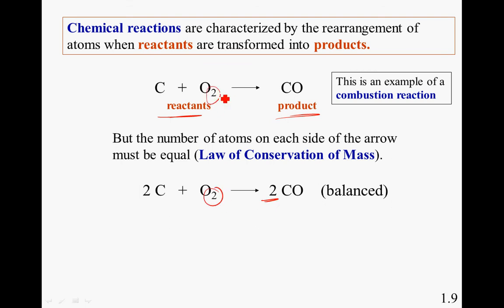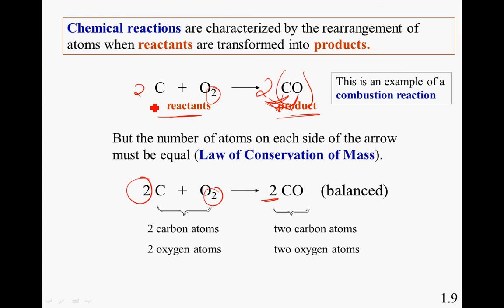Because this oxygen is 2, we multiply this whole thing by 2. That means we are also multiplying the oxygen and the carbon. That means we need another 2 in front. Notice that there's 2 carbon atoms and 2 oxygen atoms. Over here there's 2 carbon atoms and 2 oxygen atoms.